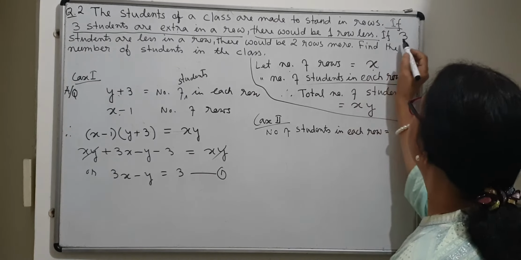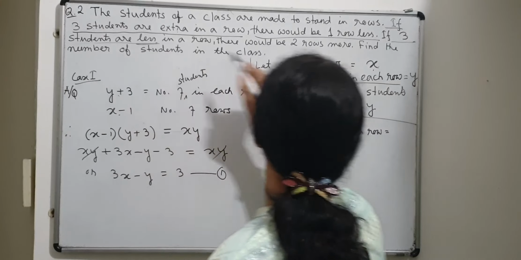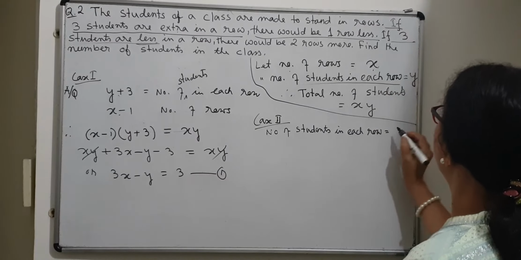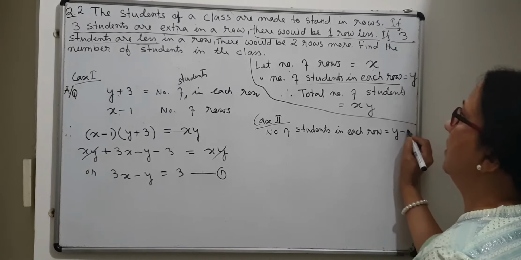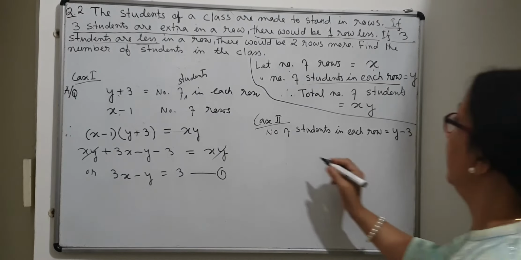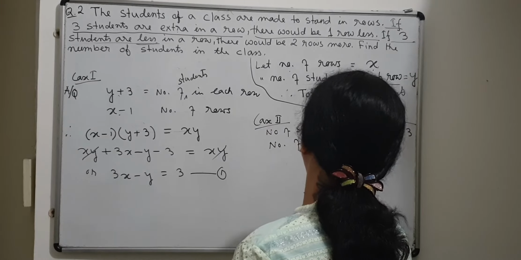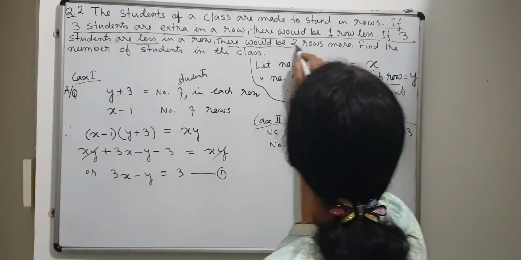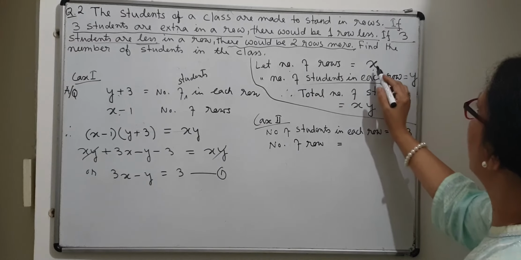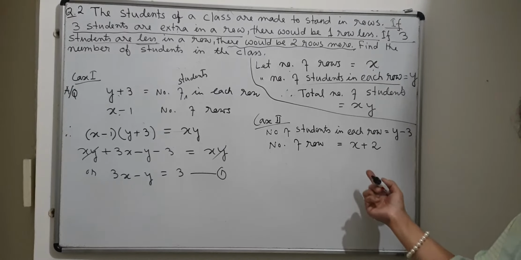Second case, if 3 students are less. Now less. Original was y, so it is y minus 3. Number of students in each row in the second case is y minus 3. Then what will happen to the number of rows? There will be 2 more rows. So the original number of rows was x, so x plus 2. This will be the situation.